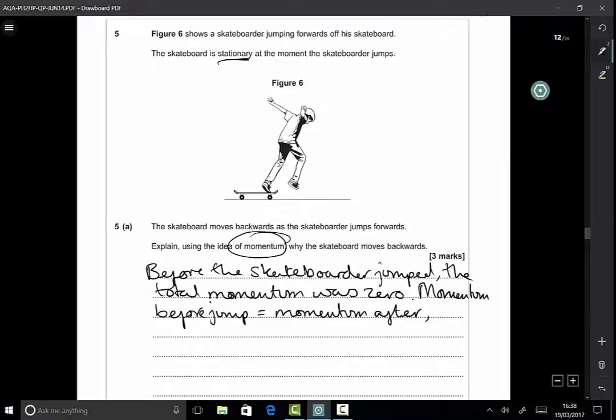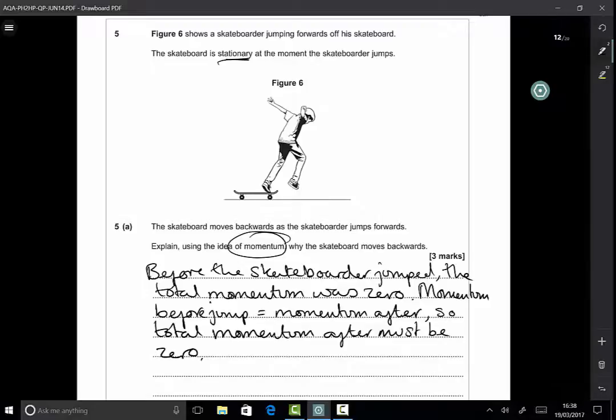So the total momentum after has to be 0. That means that the forward momentum of the skateboarder has to be equal to the backwards momentum of the skateboard.